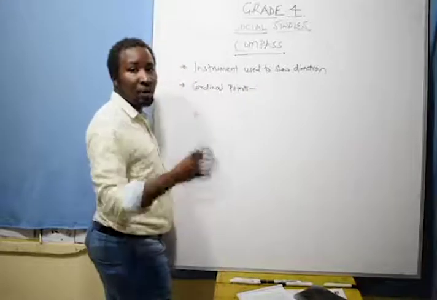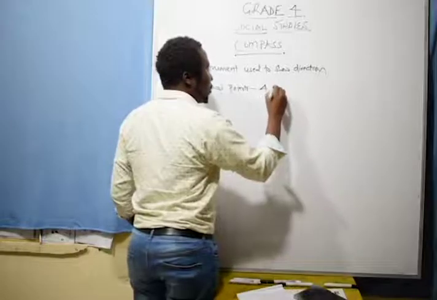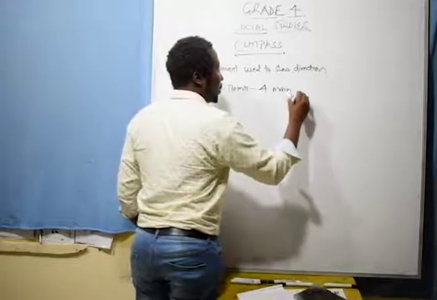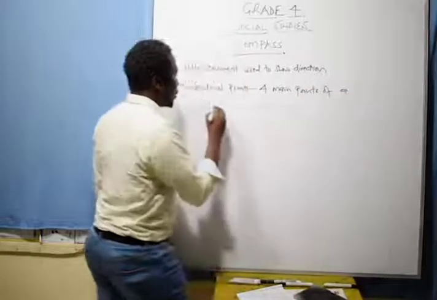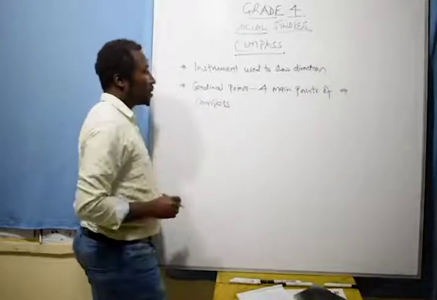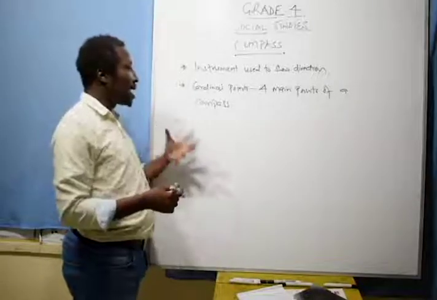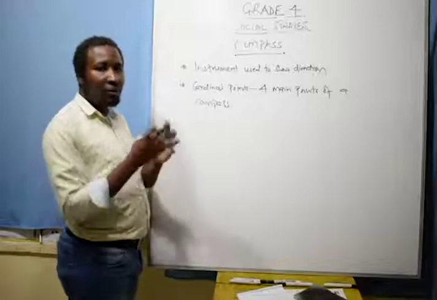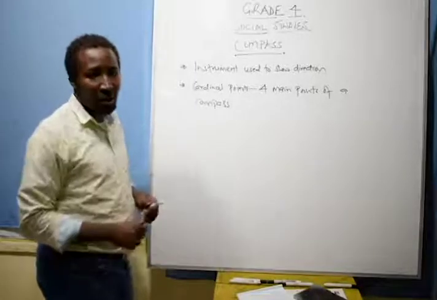Which are the 4 main points of a compass? These are the 4 main points of a compass. They're known as the cardinal points. Now, which are these 4 main points of a compass?